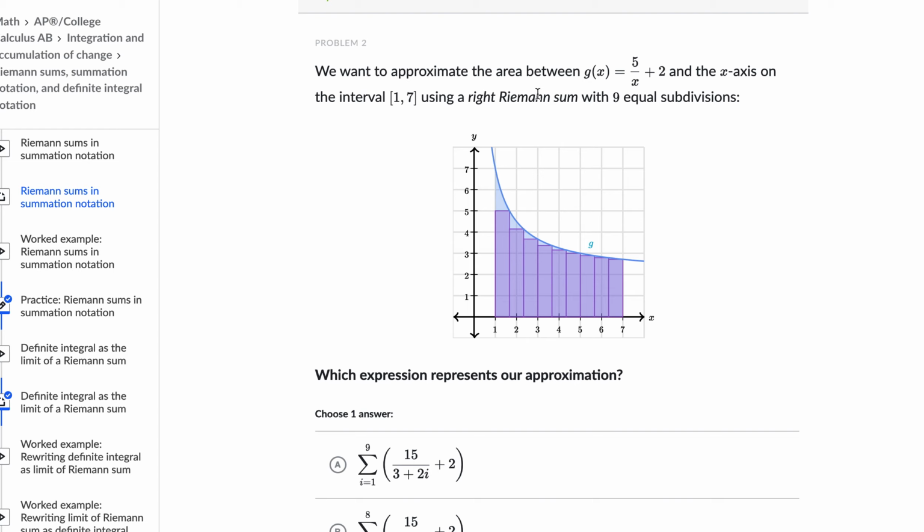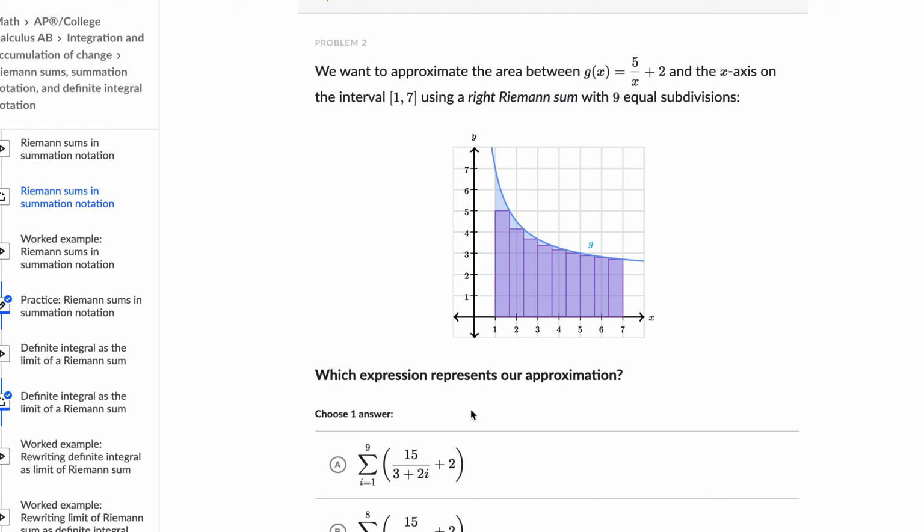We want to approximate the area between this graph here and the x-axis using a right Riemann sum with 9 equal subdivisions. Okay, so if we're slicing this into 9 equal divisions and it's going from 1 to 7, that's 7 minus 1 is 6, so 6 divided by 9 is going to be 2/3.